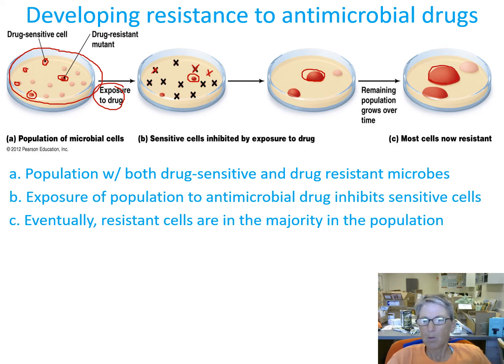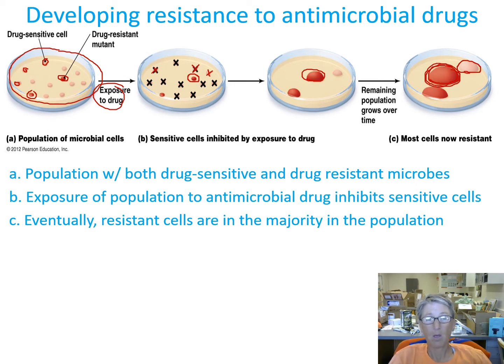Most of the cells are now resistant. I'm not really sure why they put this one growing, because initially it's supposed to be a drug-sensitive cell, and the drug should have killed it. But anyway, in letter A, you have a population with both drug-sensitive and resistant microbes. You expose the population to the drug, and it inhibits or kills the sensitive cells. Eventually, resistant cells are the majority in the population.